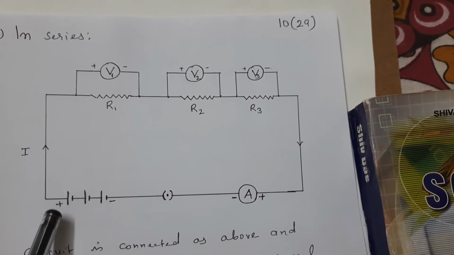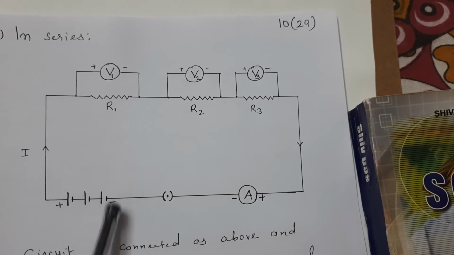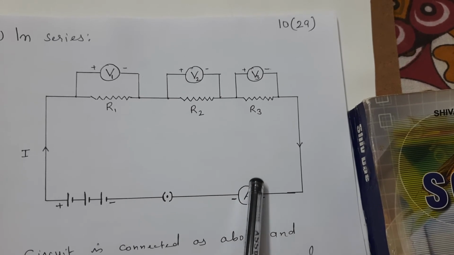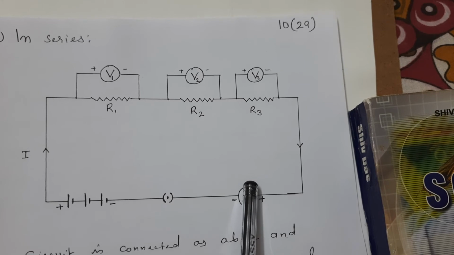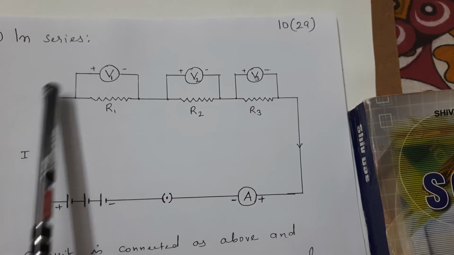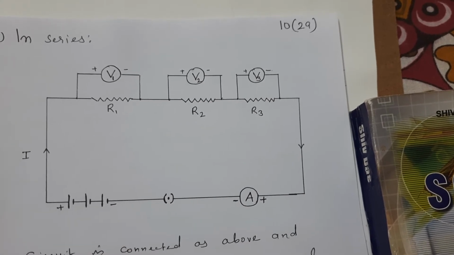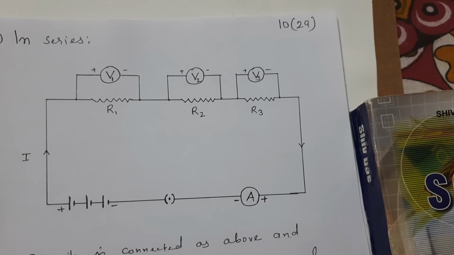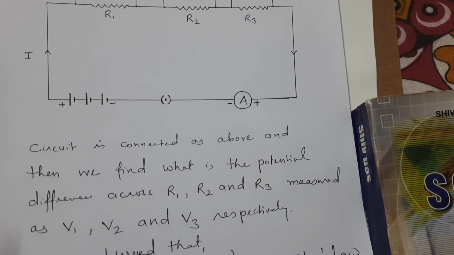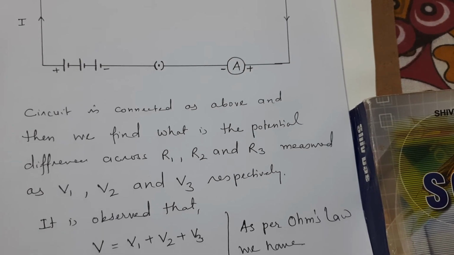Now remember, I told you earlier that this is plus and that is minus. The minus terminal shown on the ammeter must be connected to the negative only, and positive to the positive. So do remember, the circuit is connected as above, and then we find the potential difference across R1, R2 and R3, measured as V1, V2 and V3 respectively.